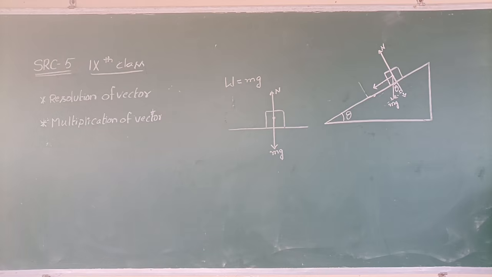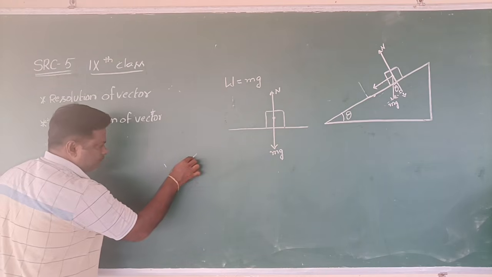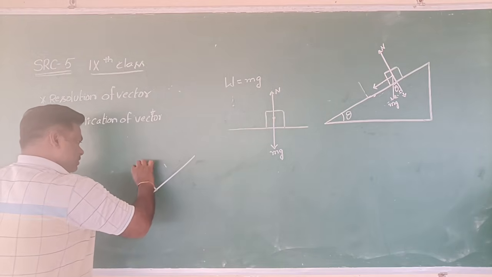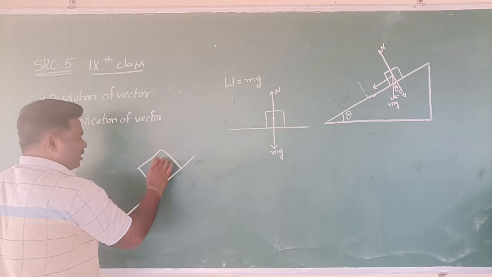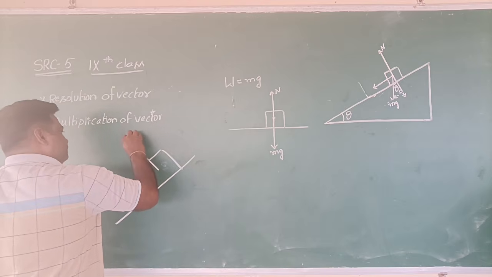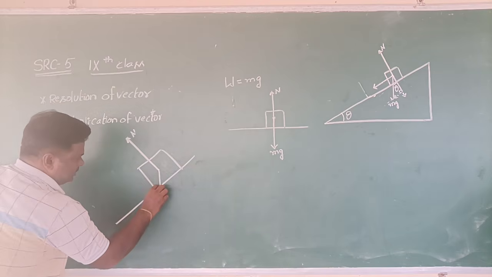Can I draw once again by zooming in? This is the inclined surface. So this is a block, the same block I am drawing here, and this is your normal. Here it is your weight.